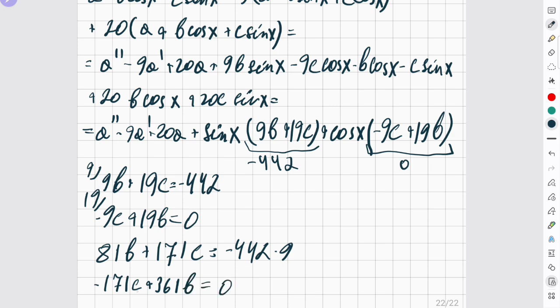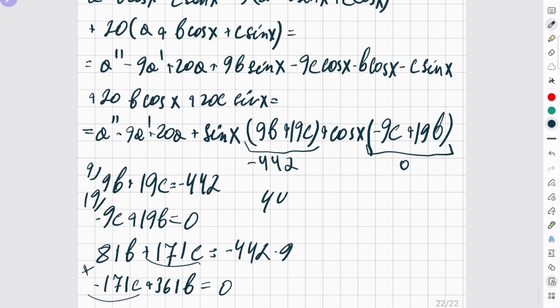We can see that these two parts are the same, so we can just sum up these two parts, and in the end we will get positive 442b is equal to 9 times negative 442. So we found that b is equal to minus 9.